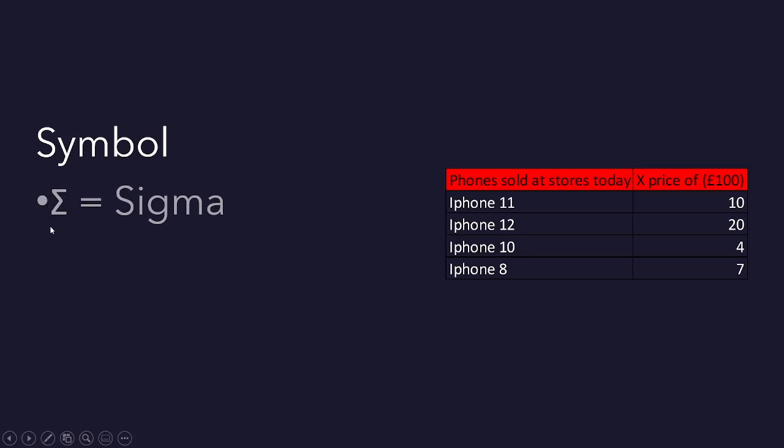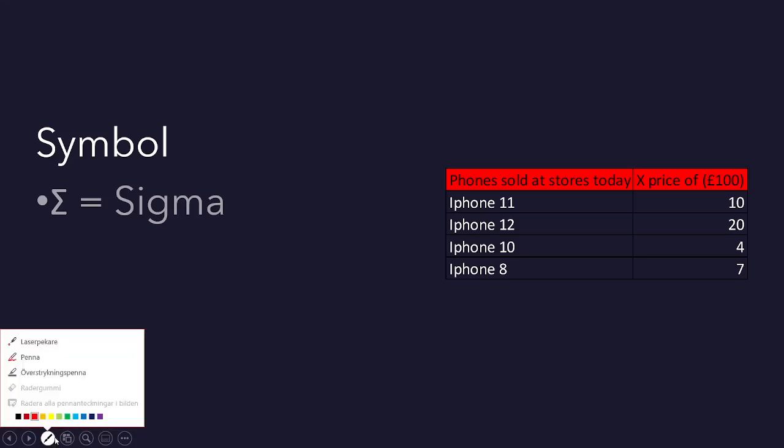It's the mathematical symbol that's used to indicate the sum of all values for a variable in a data set. So here we have phones sold at the store today. I'm sorry, the Excel was pretty bad. So we have iPhone 11, iPhone 12, iPhone 10, iPhone 8, and we sold 10 of these. And the sigma sign, let me see if I can write.